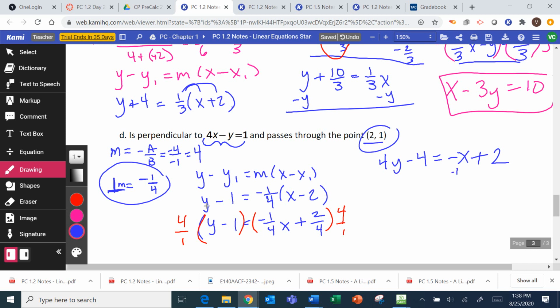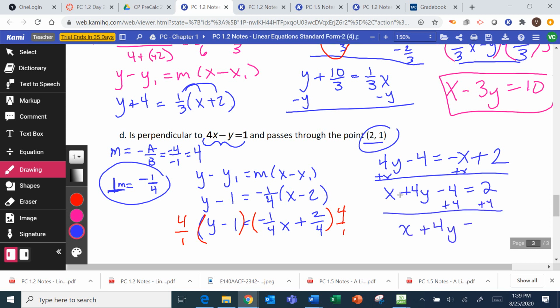I'm going to add the x, and then add the 4. And unless I made any silly mistakes, that should be standard form. Okay? So you have some of those in your assignment.